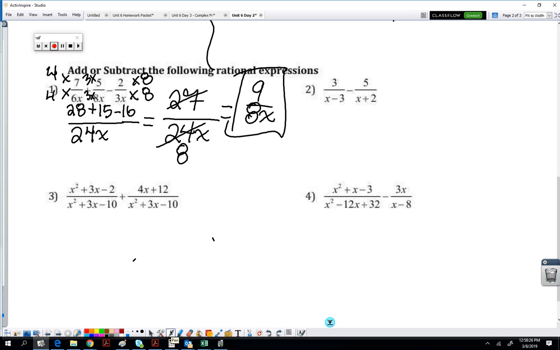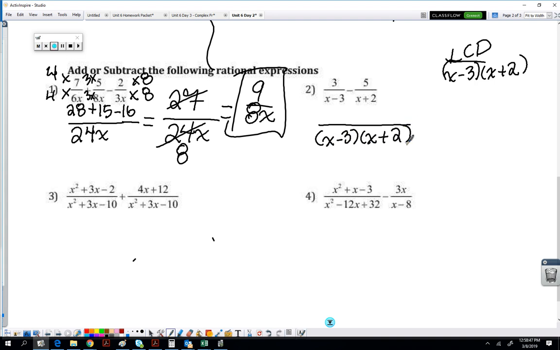So now, very first step of adding and subtracting is see if you can factor to find the LCD. Now, I don't have anything in common, so that's why the whole x minus 3 and x plus 2 is my LCD. So now I can write it as one fraction.